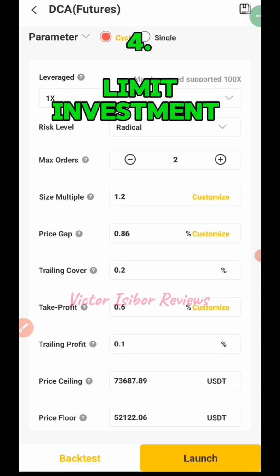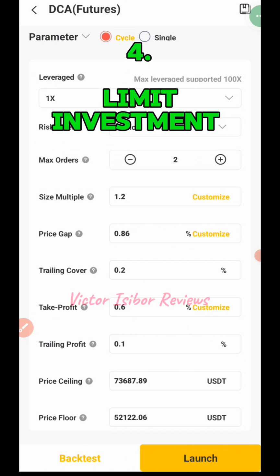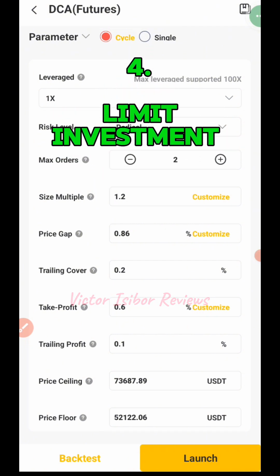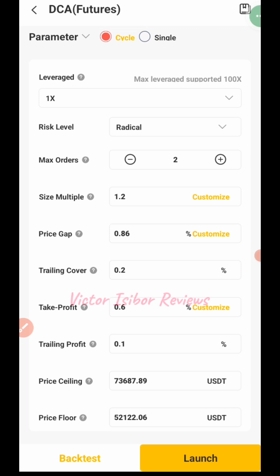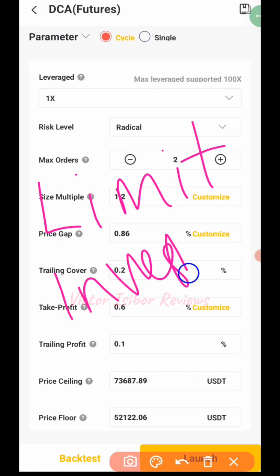That is also an error, a pop-up that newbies see, and they come to ask questions. When you see limit investment, you are permitted to cancel that particular trade.